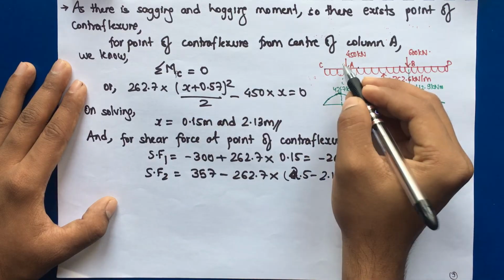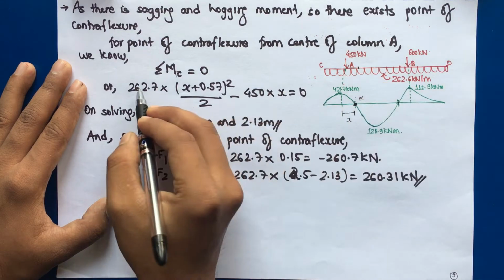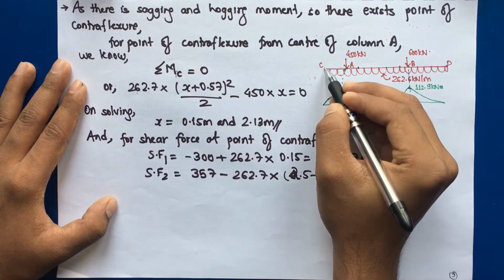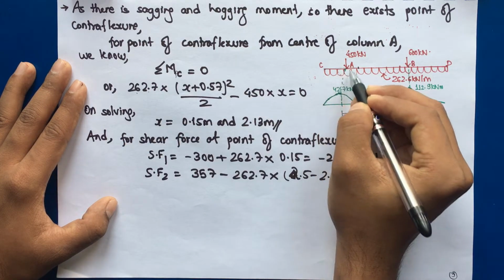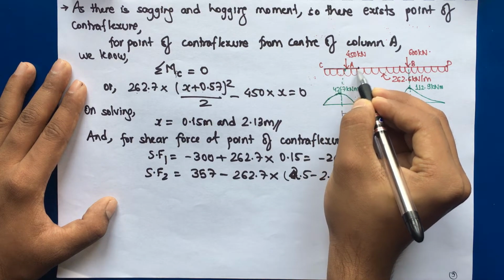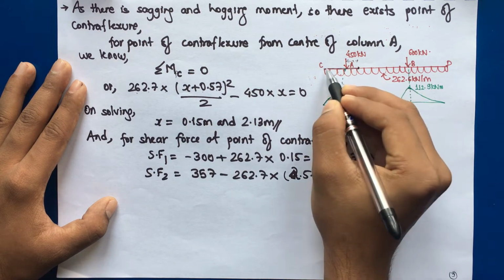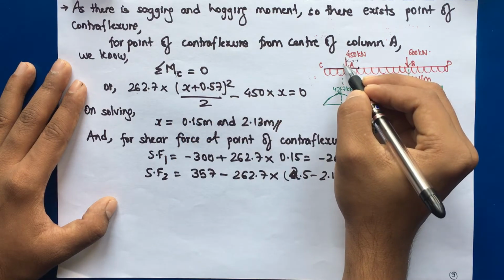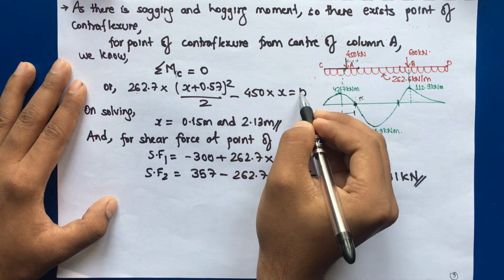We are considering from the center of column A and from left to right clockwise positive. So 262.7, this is the UDL, into x plus 0.57, this distance being x from the center line of column, and this being the projection, 0.57 square by 2 minus 450 into x is equal to 0.